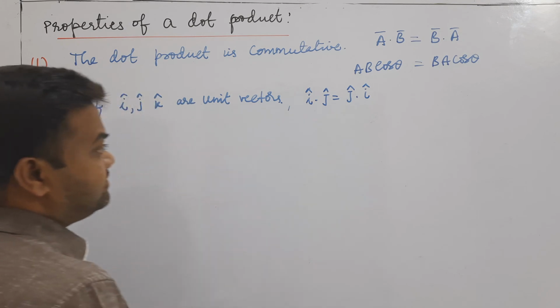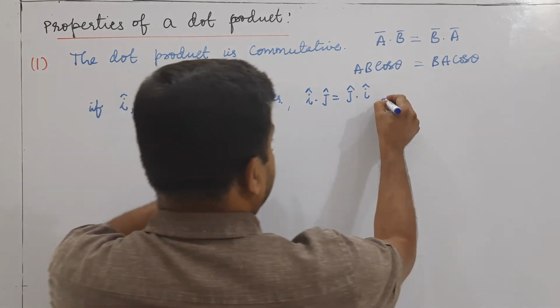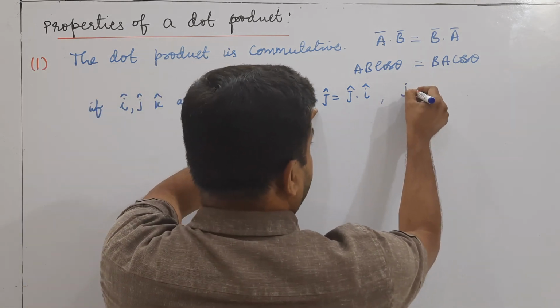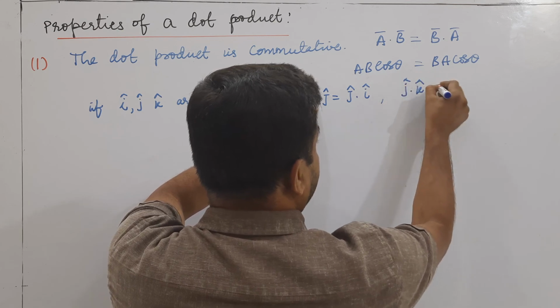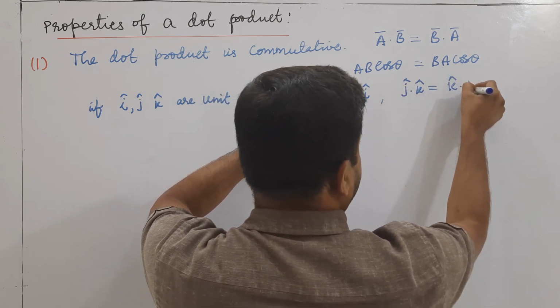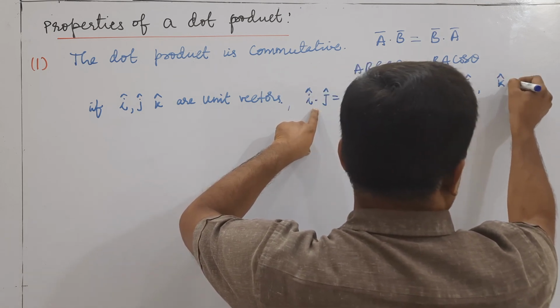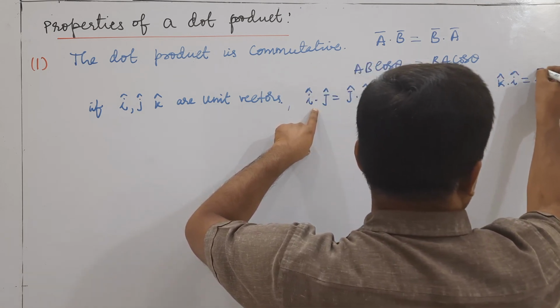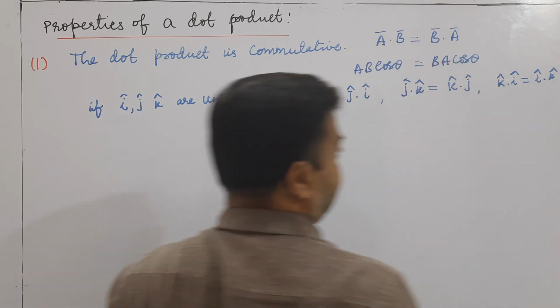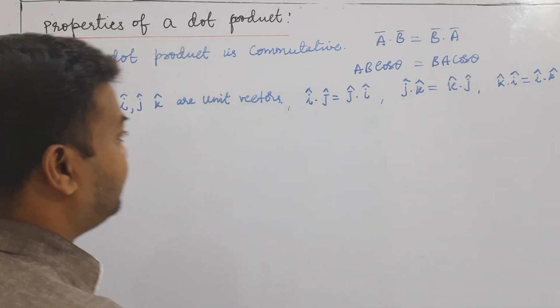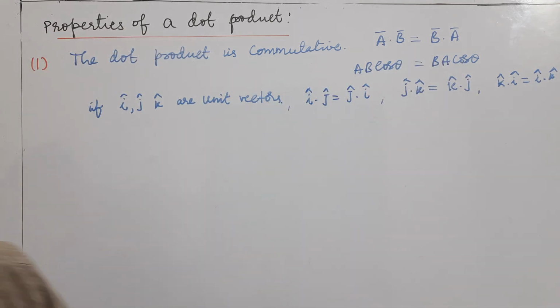Simply we can write. Next, j cap dot k cap is also equal to k cap dot j cap, and k cap dot i cap can also be written as i cap dot k cap. This is the first property.